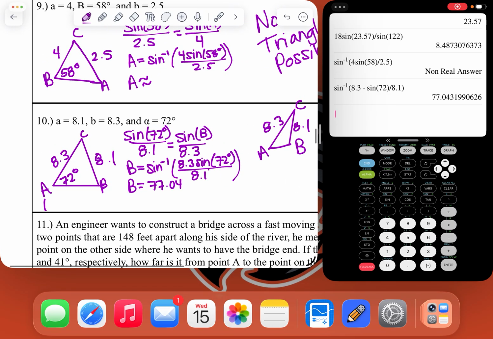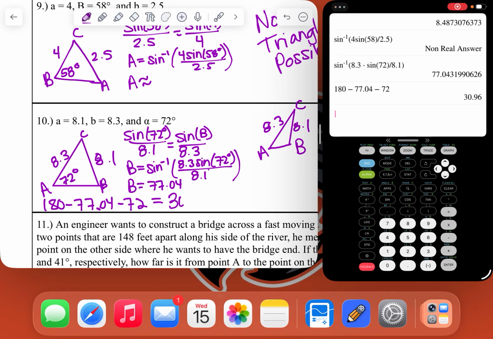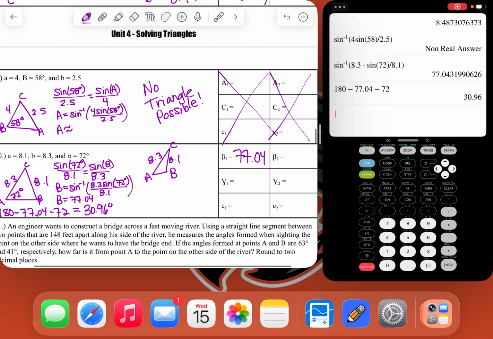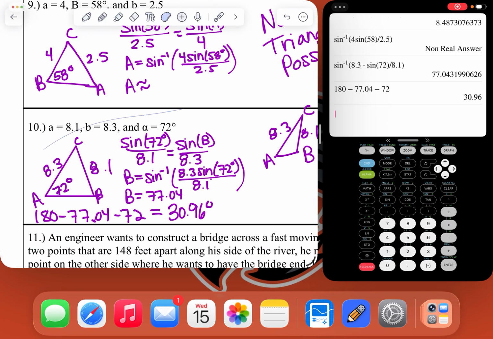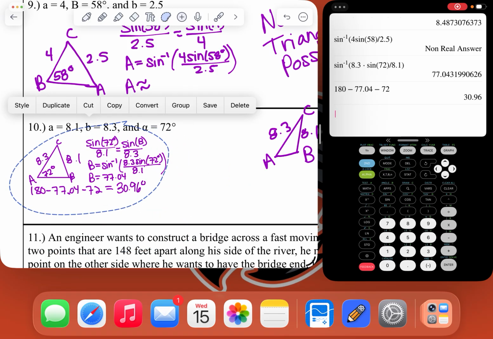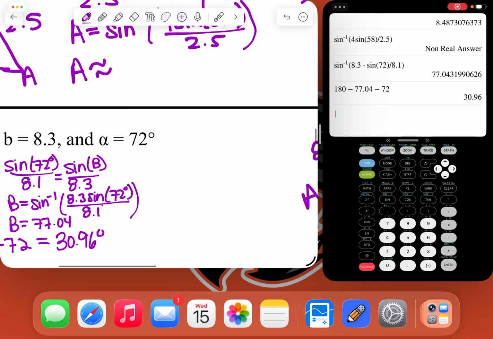So then we can do 180 minus the 77.04 minus the 72 to see what that leaves us for that third angle measure. So we'll get 30.96 degrees. And then we can set up the ratio to find the length of that missing side. So we can say sine of 72 degrees over 8.1 that they gave us in the original problem.